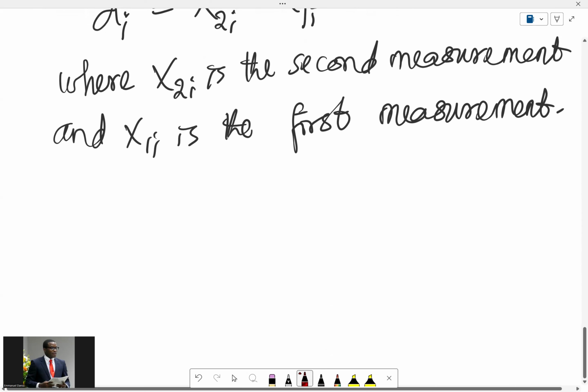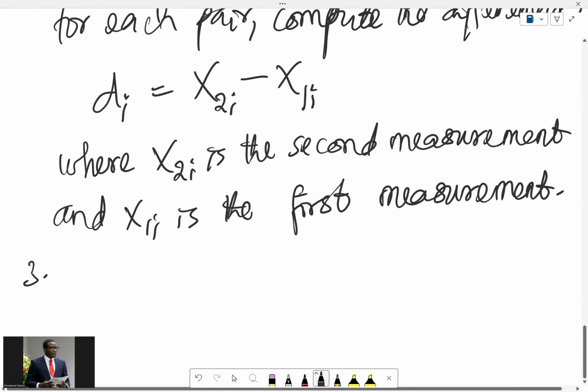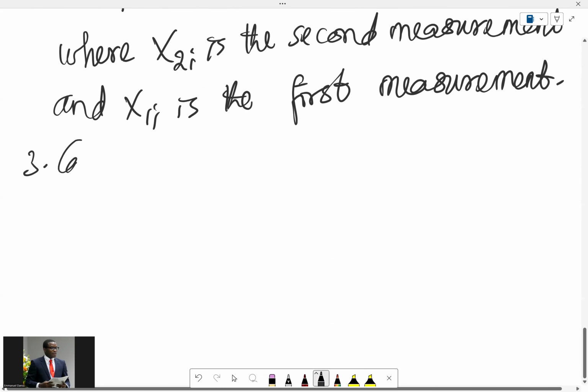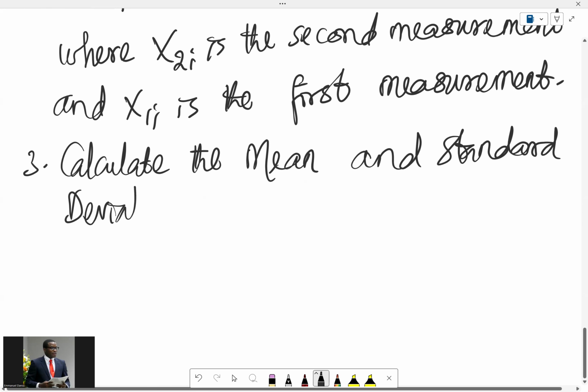Then we talk about three. You calculate the mean and standard deviation of the differences.